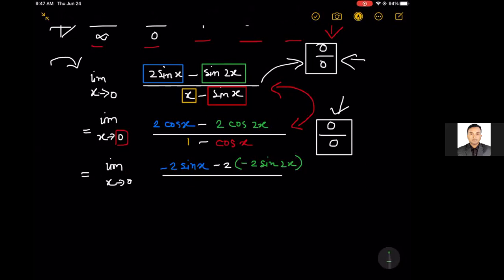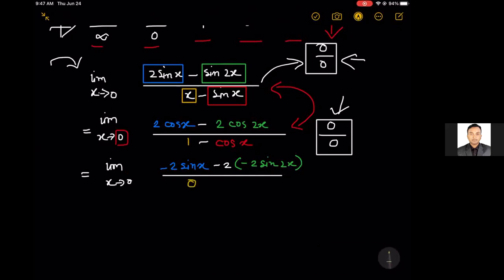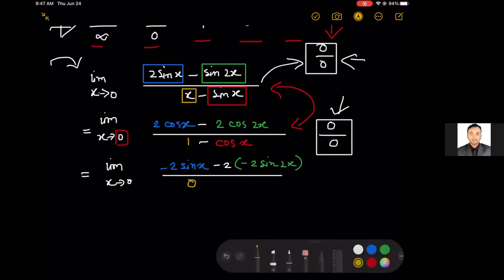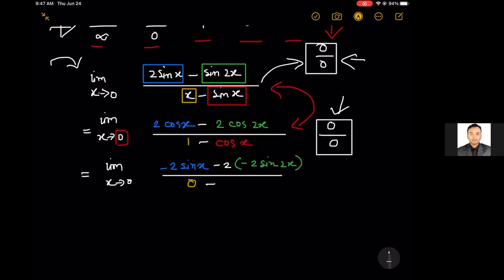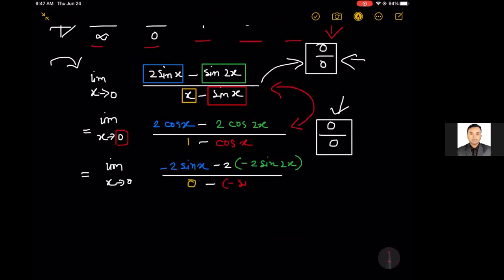Okay. All right. What's the derivative of 1? Real quick. It shouldn't take more than 1 second. The derivative of 1. 0. Yep, it's a constant, right? And the derivative of cosine x is, of course, we know this, negative sine x.